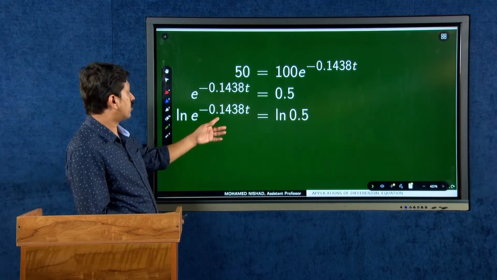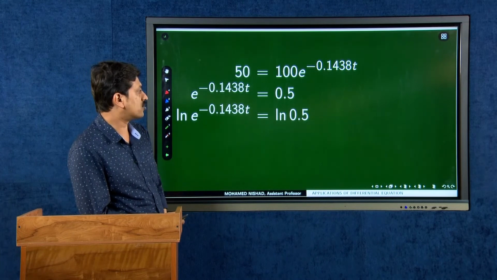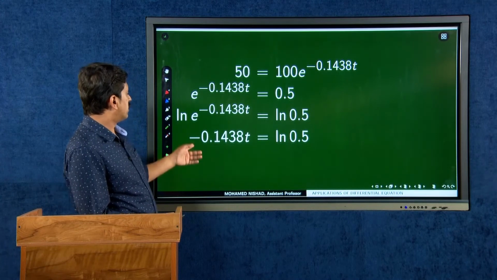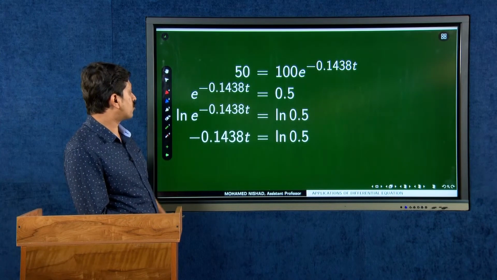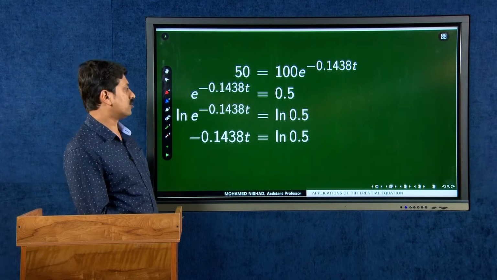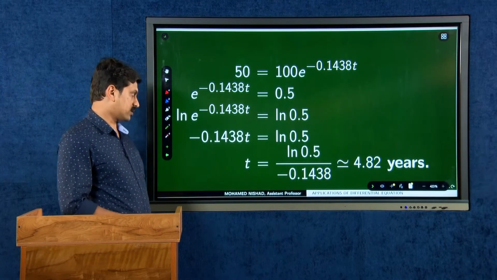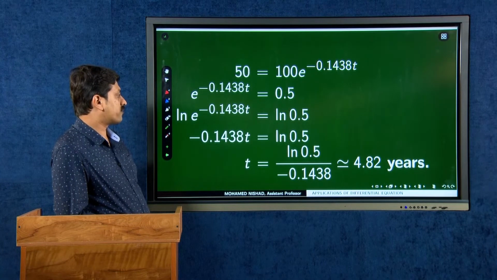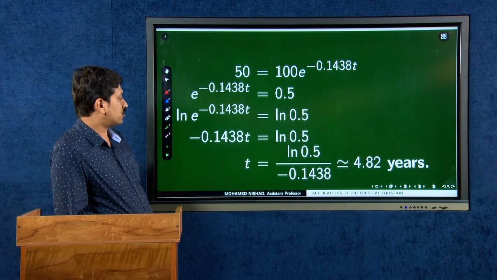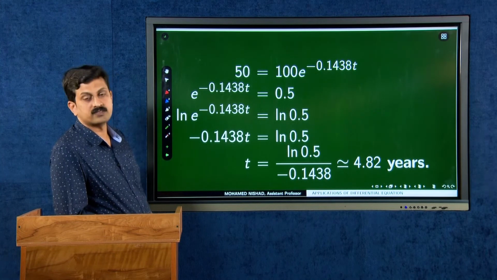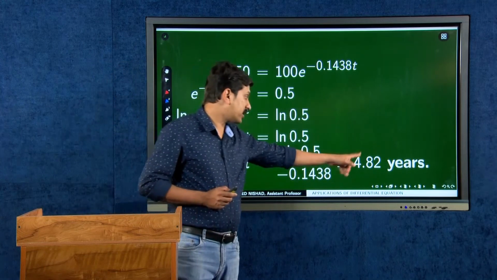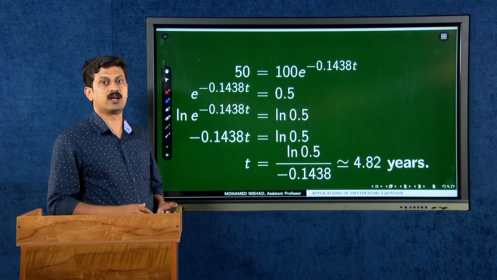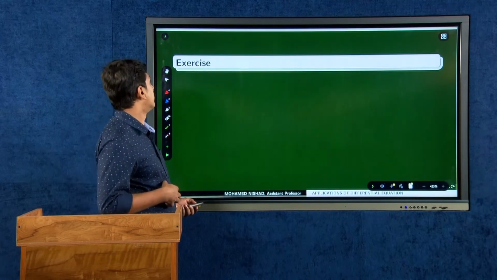Finally, taking log, minus 0.1438 t is equal to log of 0.5. So, t is equal to log of 0.5 divided by minus 0.1438, which is about 4.82 years. That means approximately 5 years for half of the material to remain.